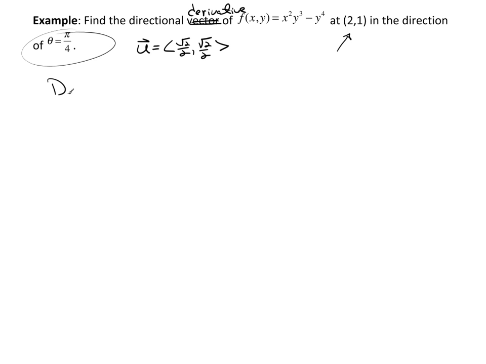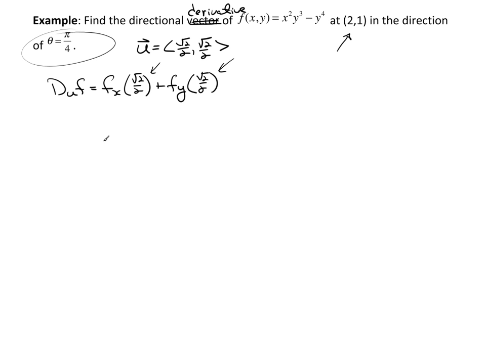So I'm going to start off by saying that the directional derivative in the direction of u of f is going to be equal to the partial with respect to x times root 2 over 2 plus the partial with respect to y times root 2 over 2. See, this is where I'm getting my direction from.